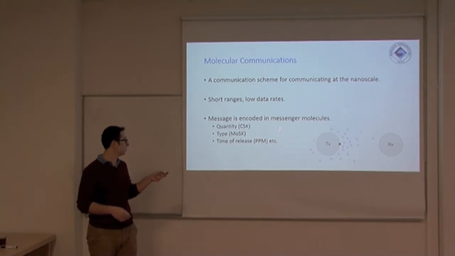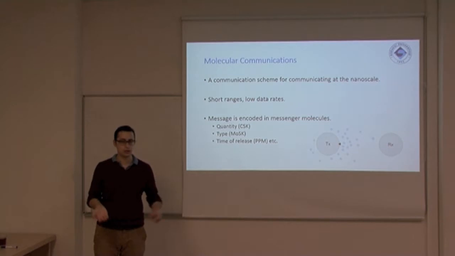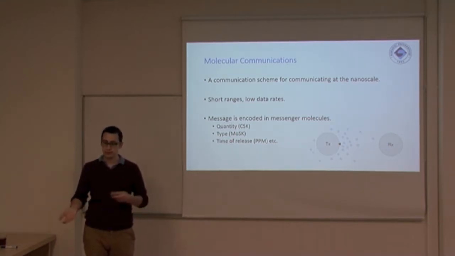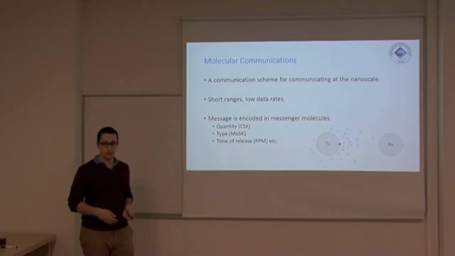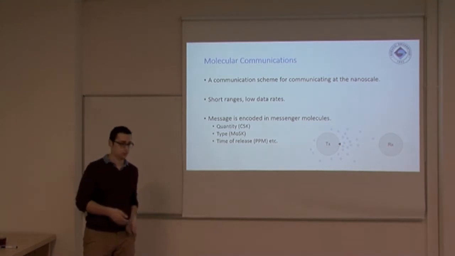We can use the molecule type axis, which corresponds to frequency in traditional EM communications, pretty much, not exactly. Quantity corresponds to amplitude, and time of release corresponds to time of release in EM communications. We can also use some combination of these three, or maybe come up with another way, as we will talk about later on.